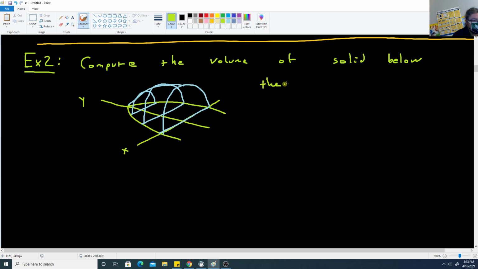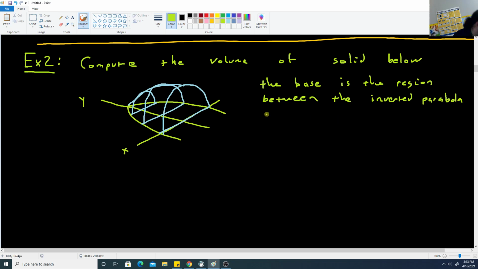They say the base of this expression is the region between the inverted parabola, and they give us an equation, which is kind of nice: y equals 4 minus x squared, and the x-axis.